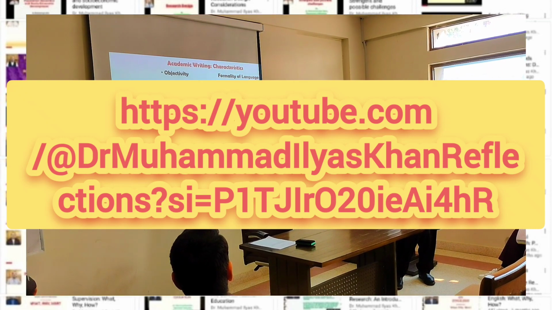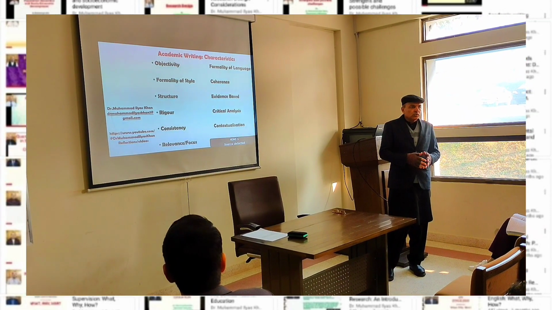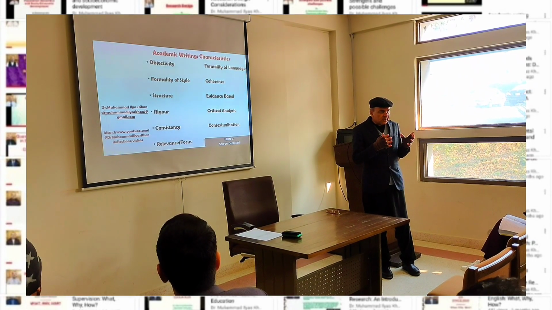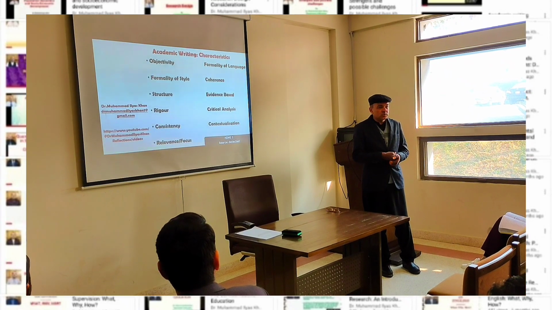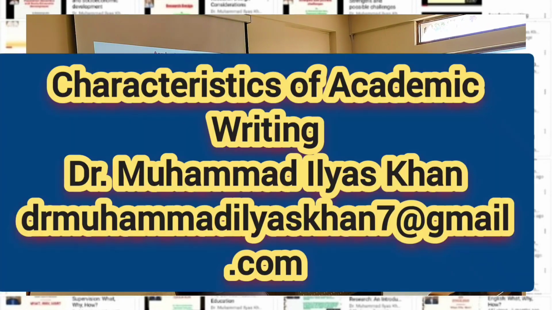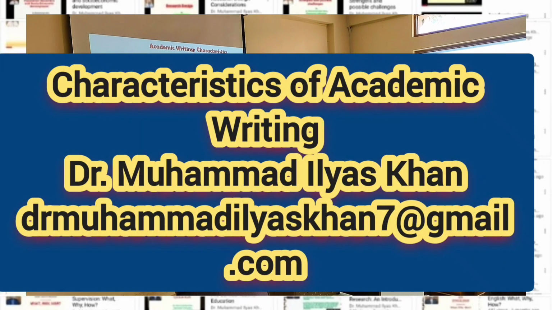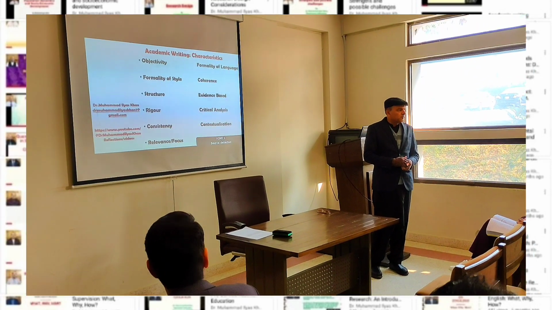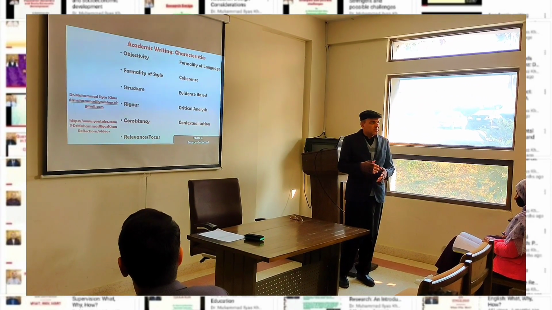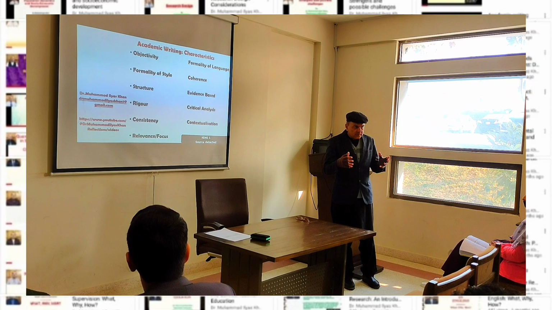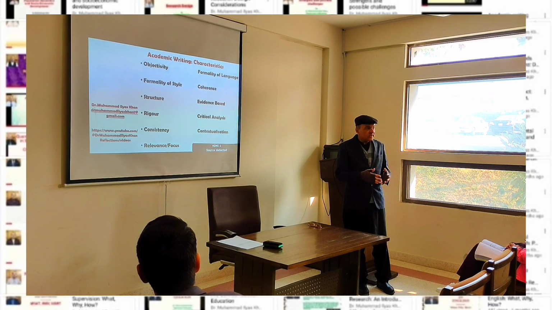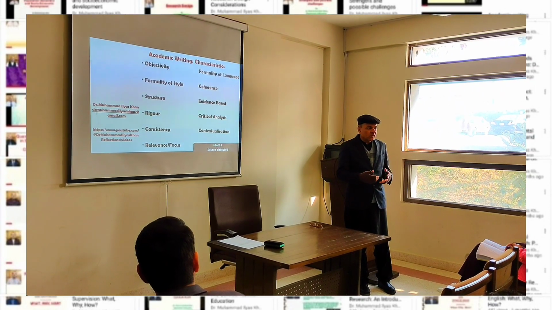Rigor, very important. Your findings and conclusions should come out of rigorous research designs. So you should have done everything in order to get to the truth of things or the reality of things. For example, one of the ways in which you can ensure rigor in your research work is to make use of triangulation, for example, collecting data through different means and combining and analyzing data in more than one way.